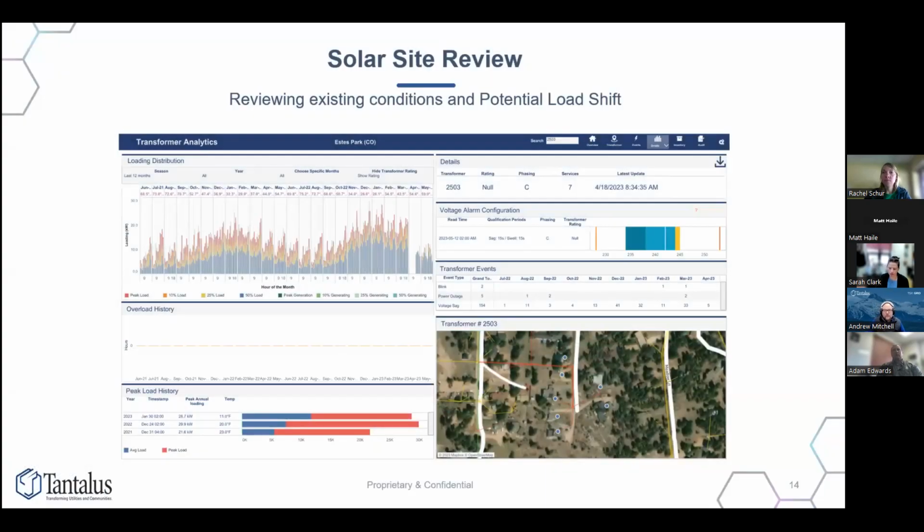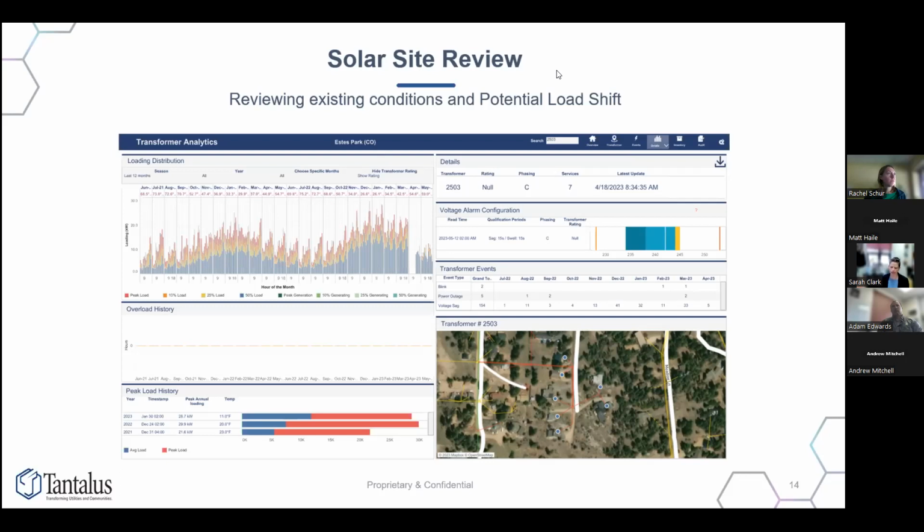All right. So one of the first applications that I was looking at for using the transformer analytics in Estes was to get greater visibility into the impact of increased solar on our system. We have about 12,000 customers total across our system, and currently only about 200 solar systems.